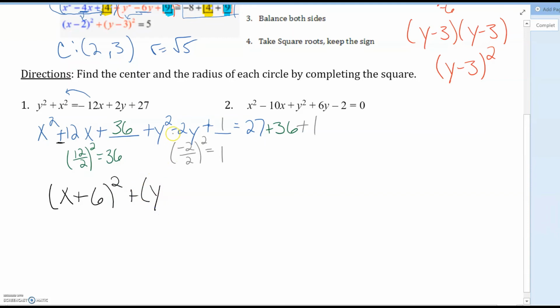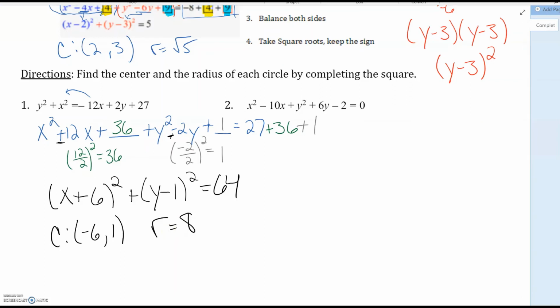For y, I'm going to take this sign, minus, square root of 1 is 1, squared equals 27 plus 36, which would be 63, and then 64. From here I can get my center. My center would be negative 6, positive 1, and my radius would be the square root of 64, which is 8.